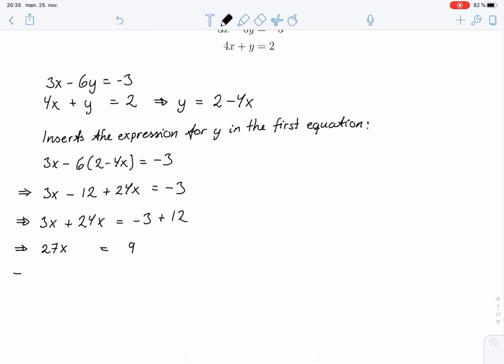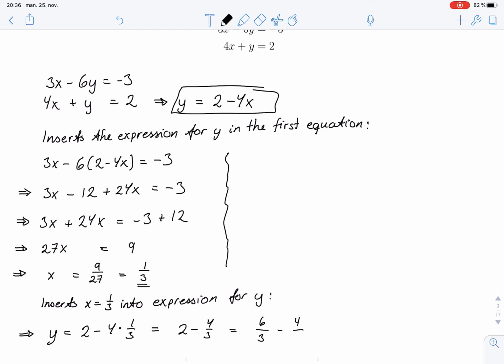So y equals 2 minus 4 times 1/3, which would be 2 minus 4 over 3. 2 is also 6/3. We need to multiply by 3, both over and under, so we get 2/3. So now we have an answer.